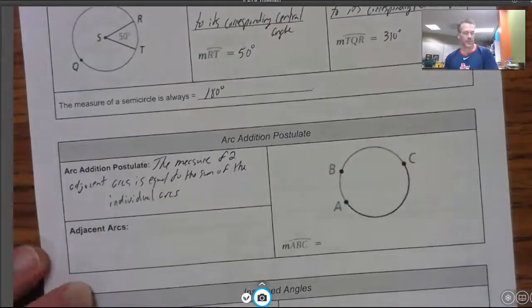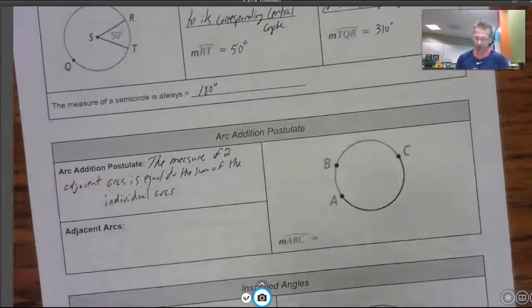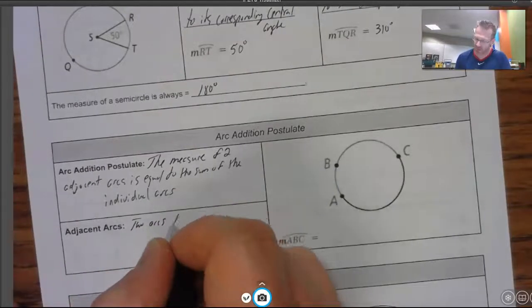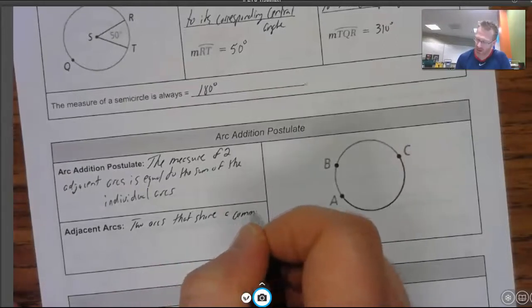Just to make sure we're good, adjacent arcs, what does that mean? That's 2 arcs that share a common point on the circle.